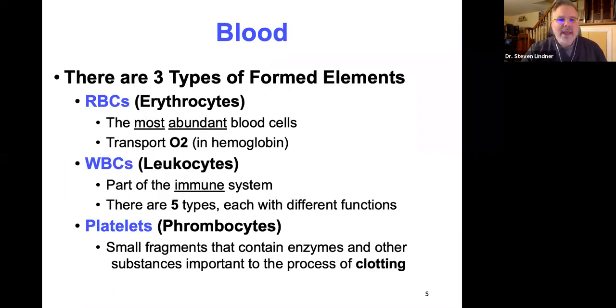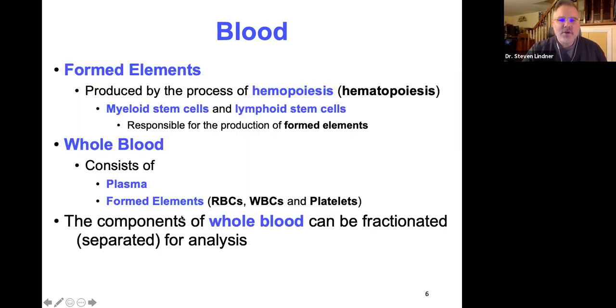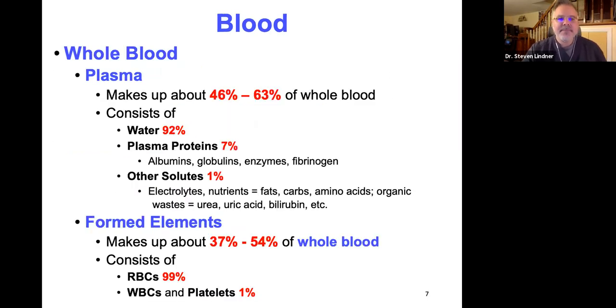We'll talk about the 5 different types of white blood cells, and then platelets, which used to be called thrombocytes, with a T, like thrombosis, which is involved with clotting.